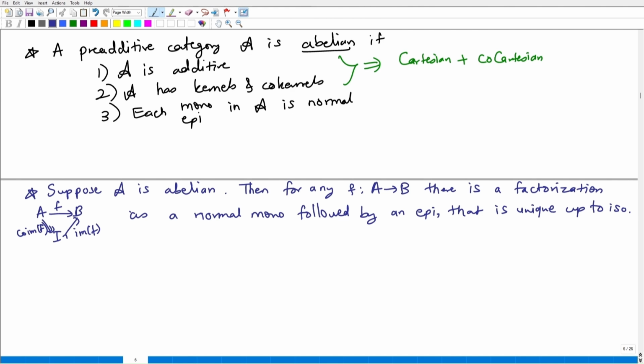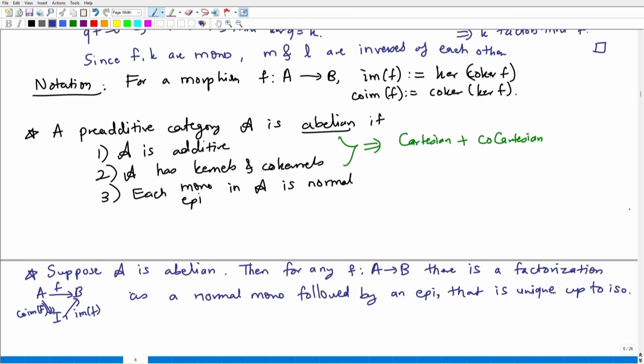One thing I should do perhaps before this is that if you are given any morphism like this, and then you have its co-kernel of F, and then you take its kernel, which is the image of F. Then the co-kernel of F is isomorphic to the co-kernel of its image as well.